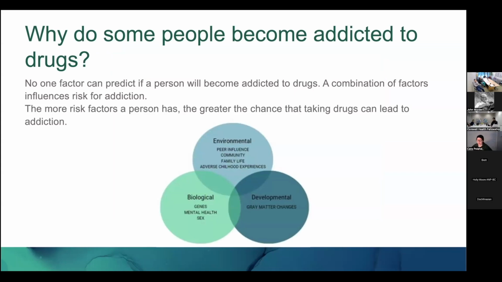I often get asked, why do some people become addicted to drugs and not other people? There's a confluence of factors that can lead to it. I talked a little bit about the biological factors. There are developmental factors. We know that some of the epigenetics of addiction can impact lifetime risk of substance use based on exposures prenatally. We also know that there are a ton of environmental cues and challenges.